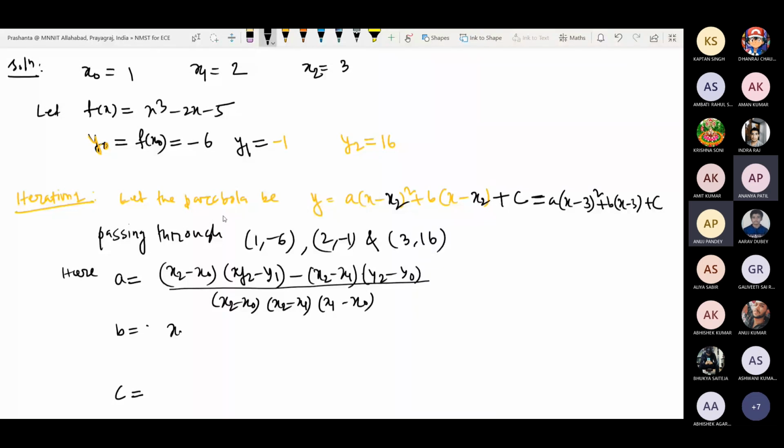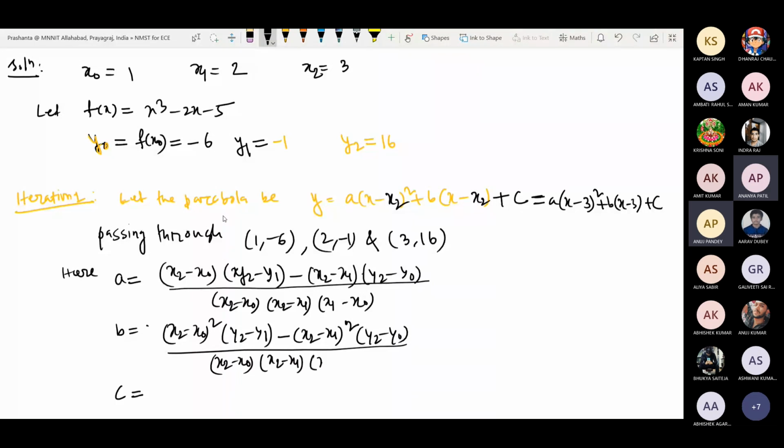So it will be x2 minus x0 square, y2 minus y1 minus x2 minus x1 square, y2 minus y0, by x2 minus x0, x2 minus x1, x1 minus x0, and c equals y2. Put k equals to 2. So after substituting, tell me the values of a, b, and c.